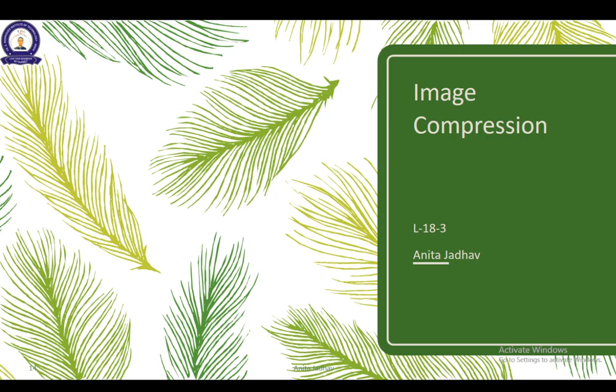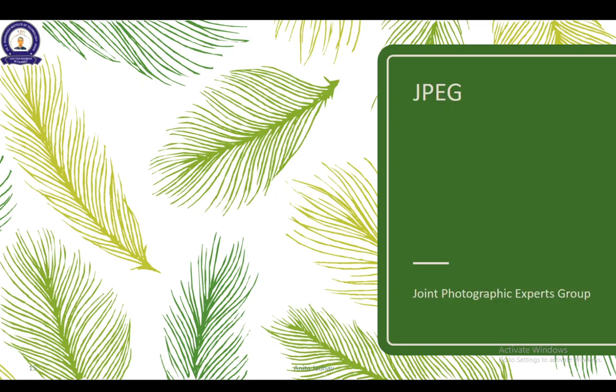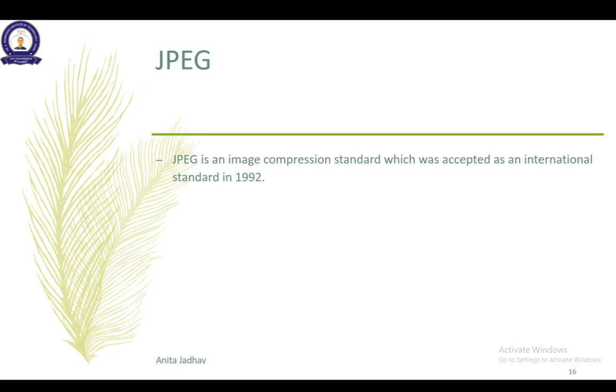So the very famous image compression algorithm, which now everybody knows, is JPEG, the Joint Photographic Experts Group, because on all our computers we try to save our image in the JPEG format. So what is a JPEG? It is a compression standard which was accepted as an international standard in 1992.